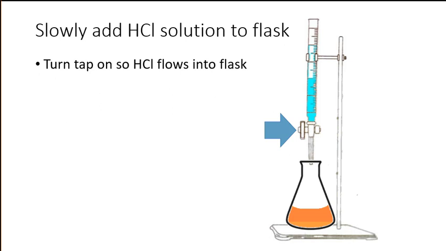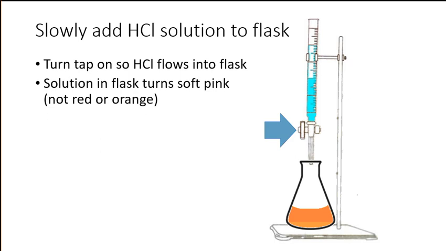Stop adding hydrochloric acid to the conical flask when you see the change in colour permanently occur, and when the colour of the solution is a soft orange or tan colour. If the solution turns a deep orange or red, you've added too much hydrochloric acid. So it should turn a soft pink or tan colour, not a deep orange or red.